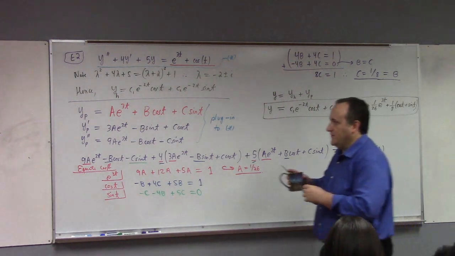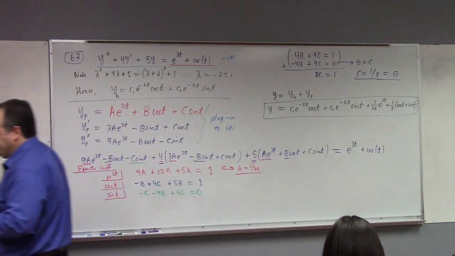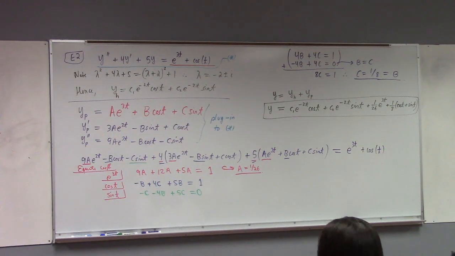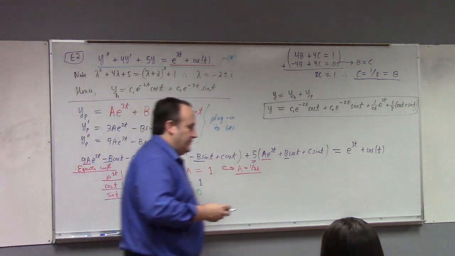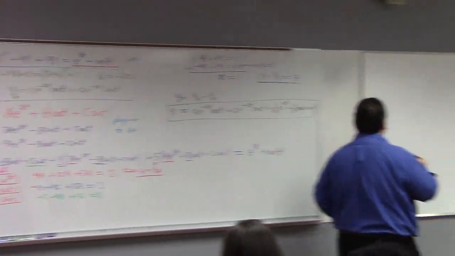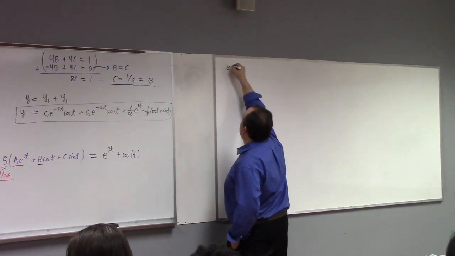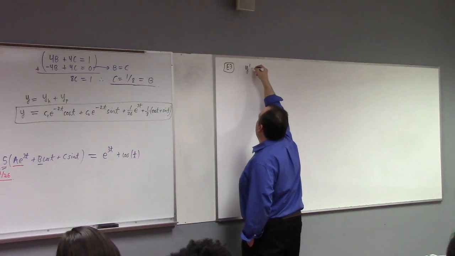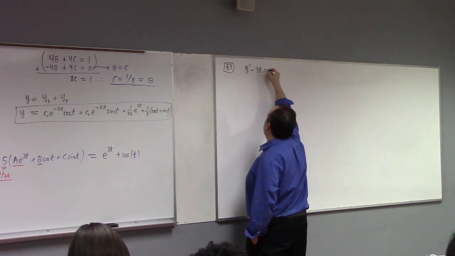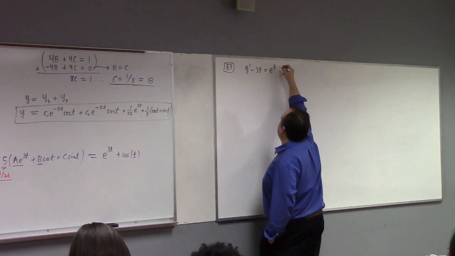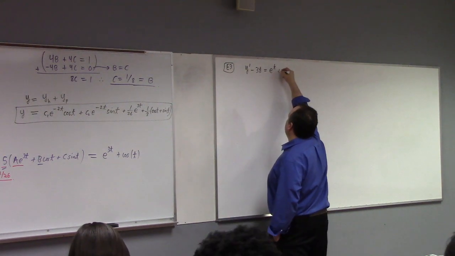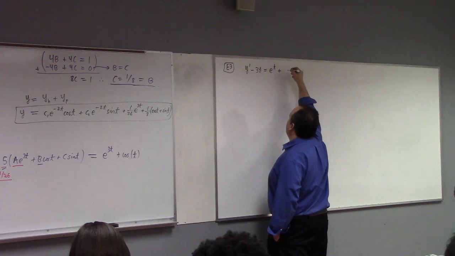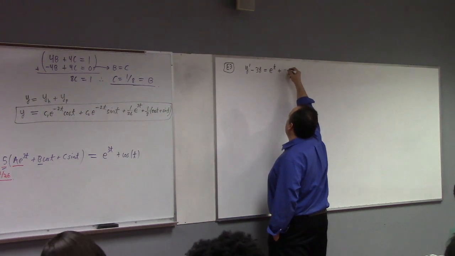So this seems too good to be true, doesn't it? Well, it is. Let me show you an example where this doesn't quite work. Example 3. Suppose we're up against y prime minus 3y equals e to the t plus, oh, I don't know, let's do sine of t this time.